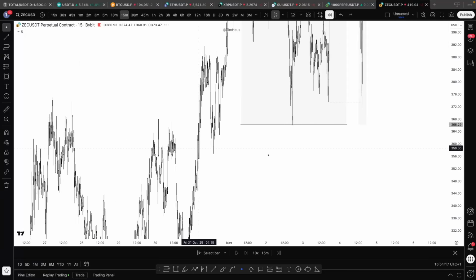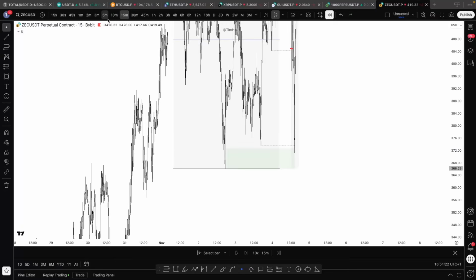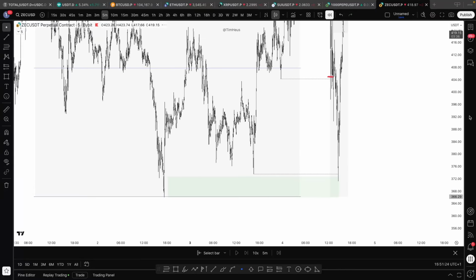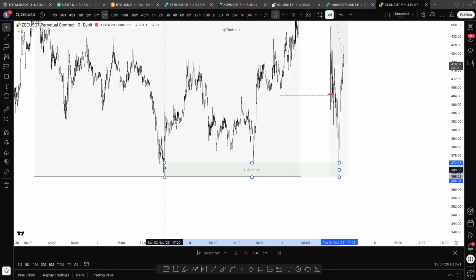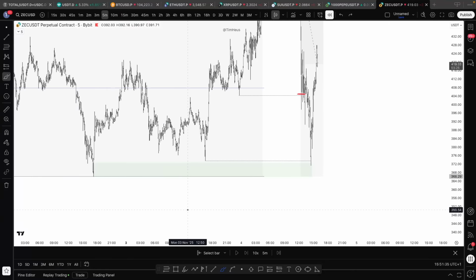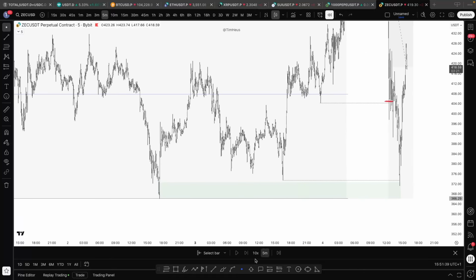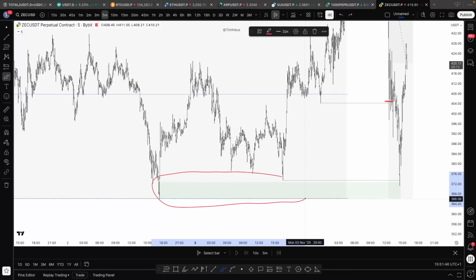I don't really say this a lot in my videos, but I often front run my TPs. So when I say I TP at a range low, my TP is not at the range low, but my TP is right here, always a bit above it. So if I was in this trade, and I have to be completely honest, I would have been completely out right here. And it's not because I see the candle right here, but I can explain the process why that's the case.